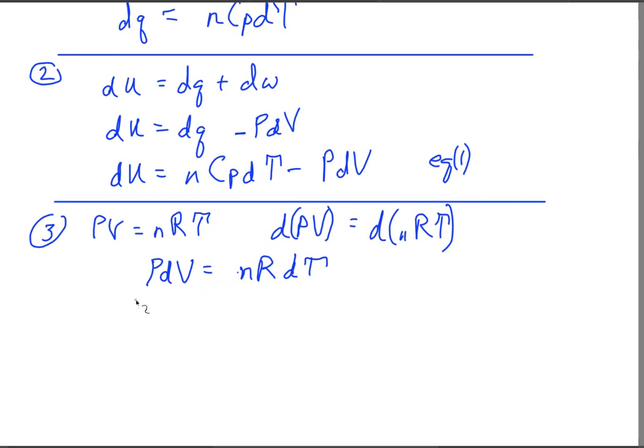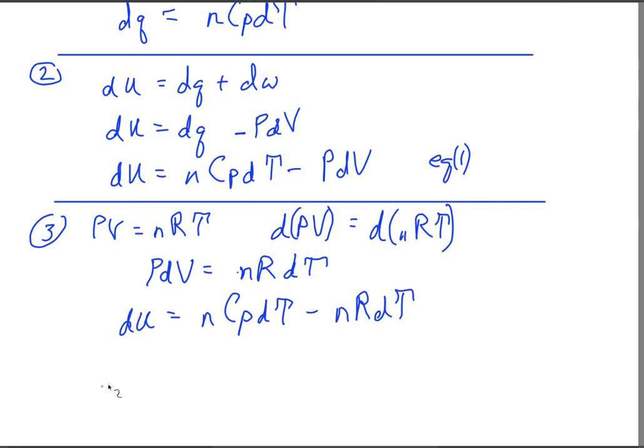So that will give us dU is equal to, I'm sort of copying equation 1, n Cp dT minus nR dT. There's the substitution.